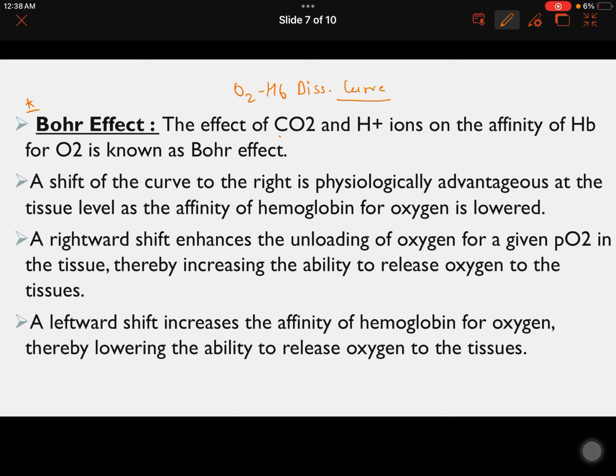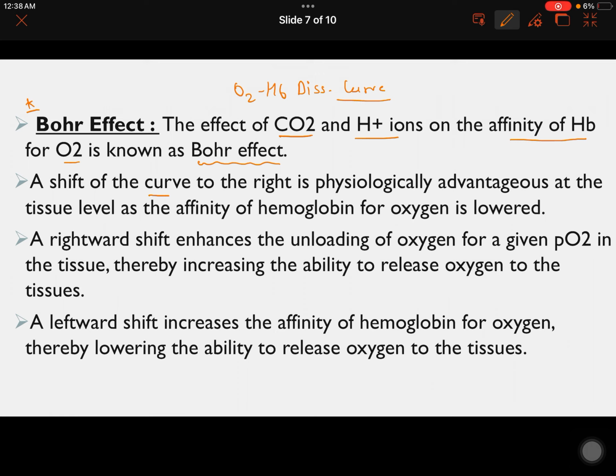So the effect of CO2 and the H plus ions, these are the two very important elements over here. The effect of carbon dioxide and the hydrogen ions on the affinity of hemoglobin for oxygen is known as the Bohr effect, right? So if the CO2 and the H plus ions are increasing, that will shift the curve towards the right side. If they are decreasing, they will shift the curve towards the left side.